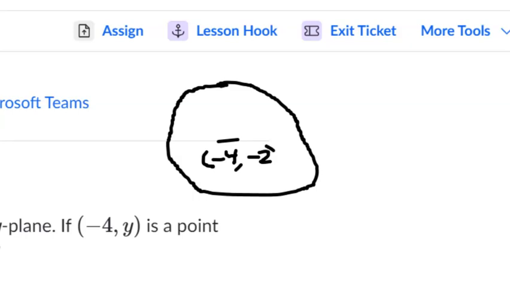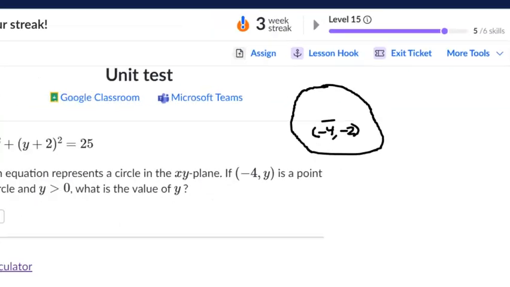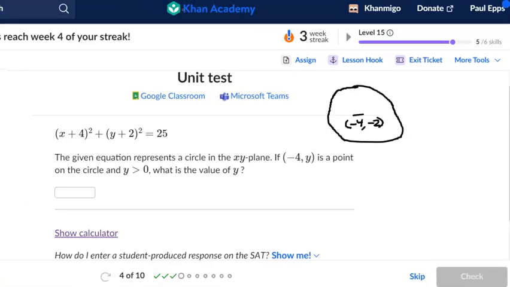All right. The radius of the circle, and I guess we could probably zoom back out again, the radius of the circle is 5. We know that because that's the radius squared.